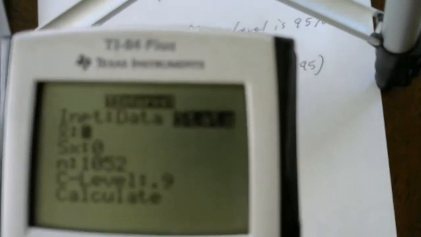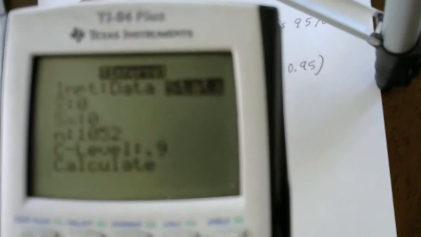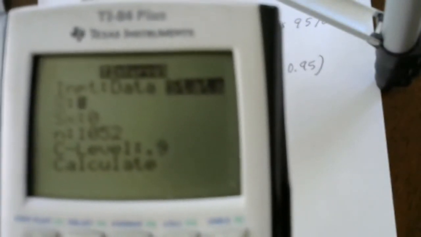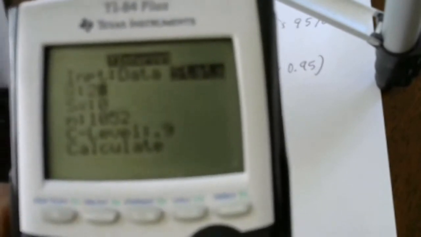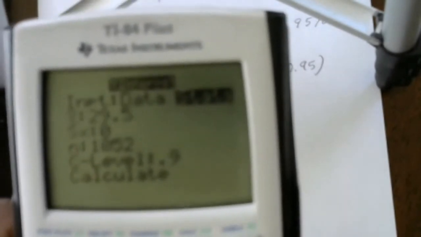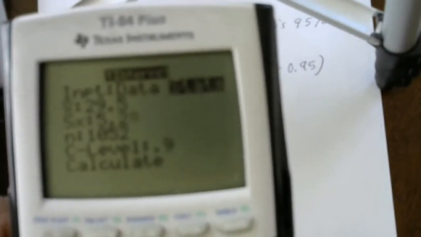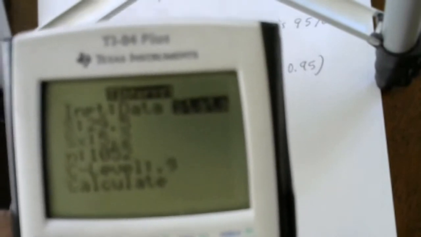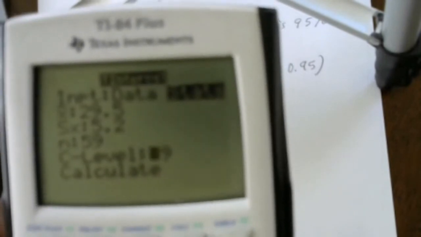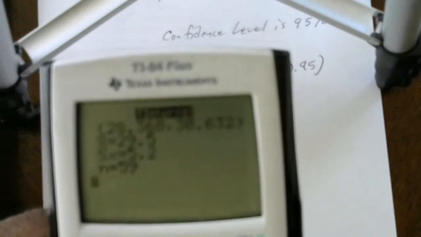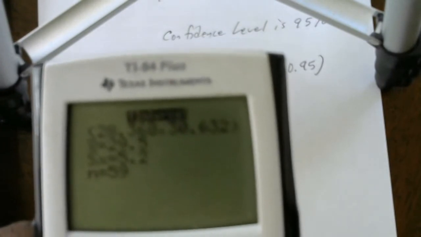We're going to put in X bar as 29.5. We're going to put in the sample standard deviation is 5.2. N is 59. Our confidence is 90%. And notice we have the same interval.